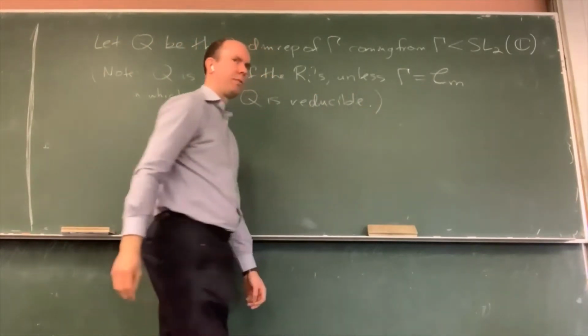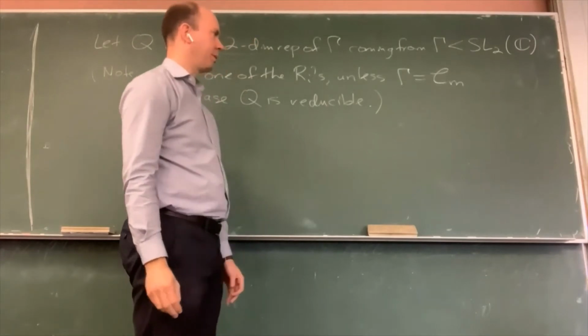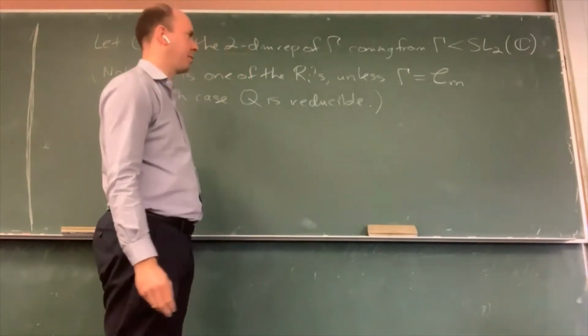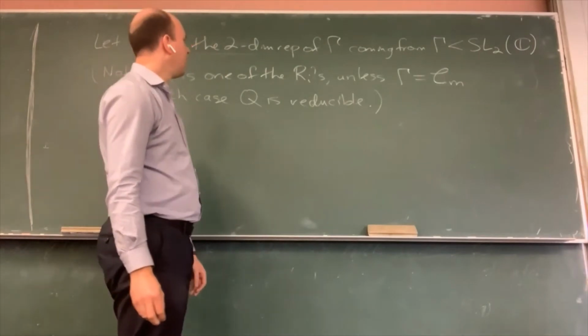In that case, of course, if the group is abelian, all the irreducible representations are one-dimensional, and Q is the direct sum of two of them.